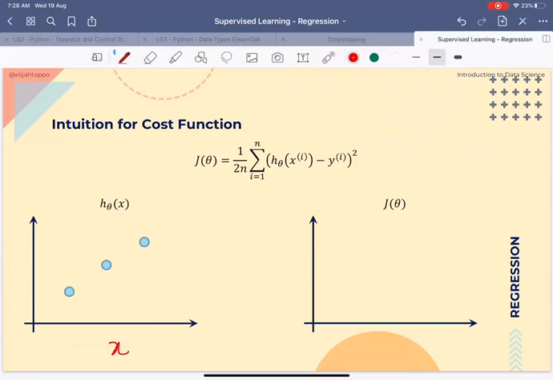So I have some x and I have some y, and these are the different data points that we know to be true. Let's say that they are at the values 1, 2, and 3 on the x-axis, and 1, 2, and 3 on the y-axis.